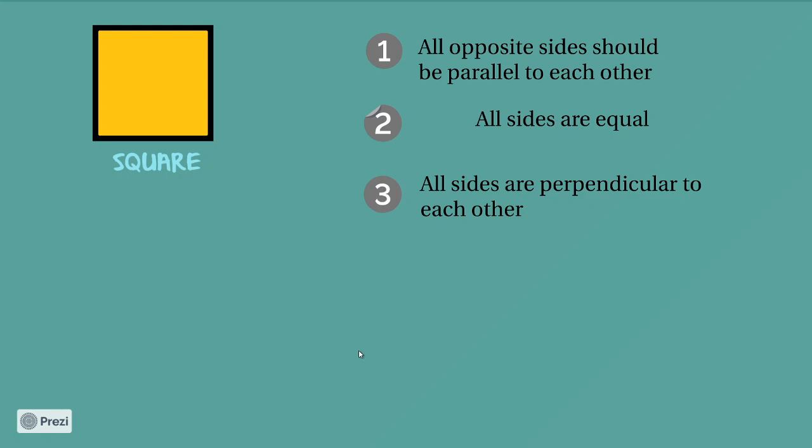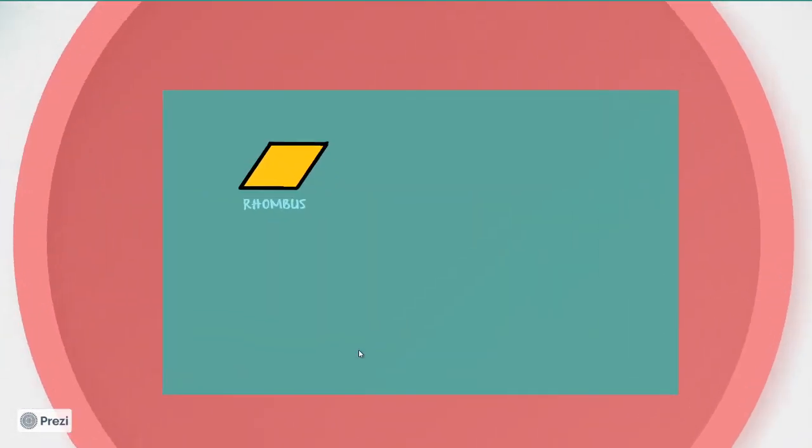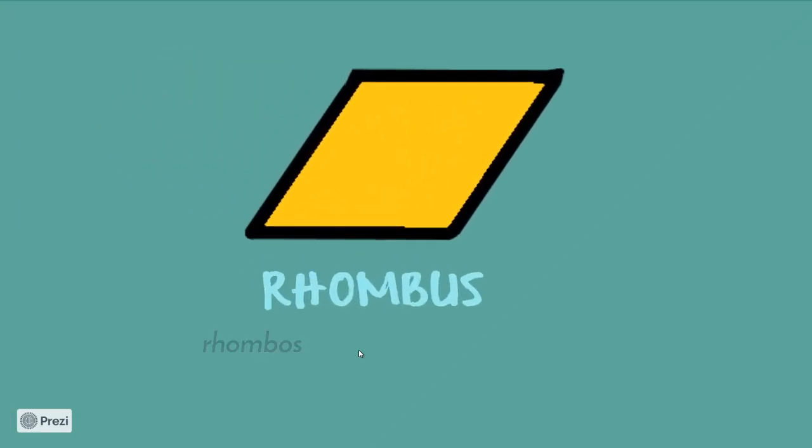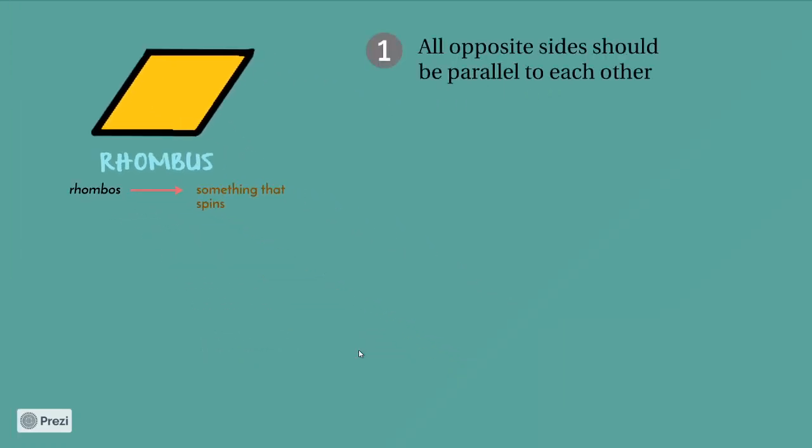So let us look at what a rhombus is. Rhombus comes from a word called rhombos. It's a Greek word. Rhombos means something that spins, and I think you can understand that by just looking at the figure of a rhombus. So what all do we see in a rhombus? All opposite sides should be parallel, of course, because it is also a parallelogram.